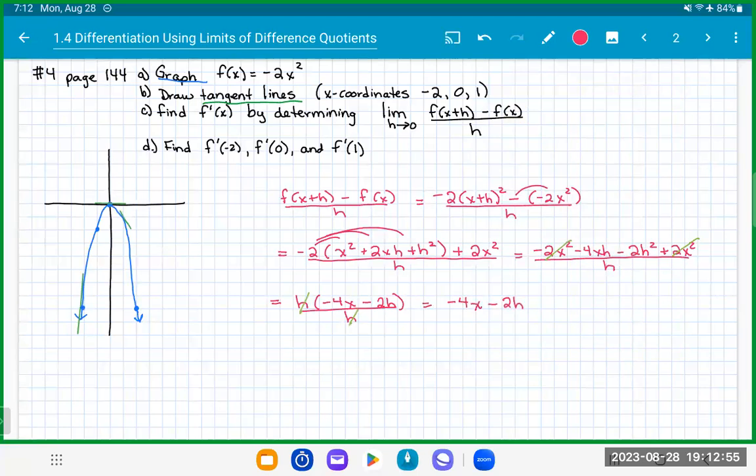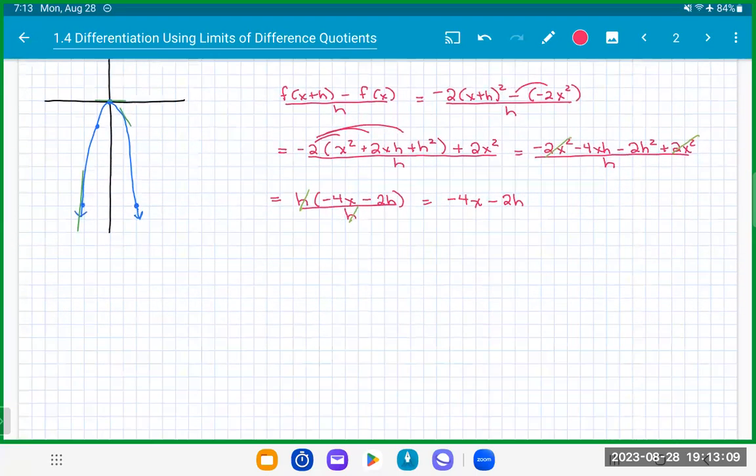Now what we have to do is actually take the limit of that, based on the techniques that we learned last class period. So I have my limit as h approaches 0 of negative 4x minus 2h.